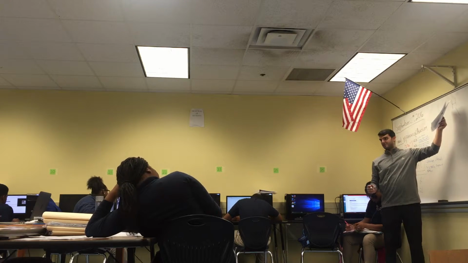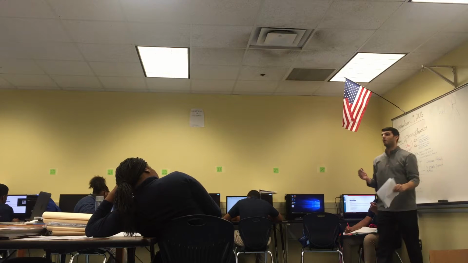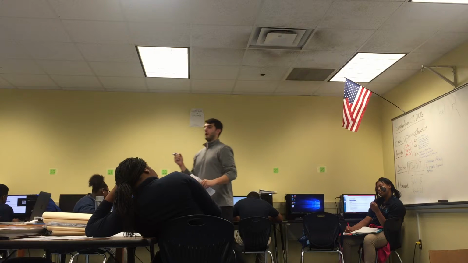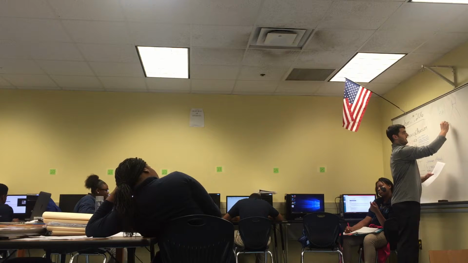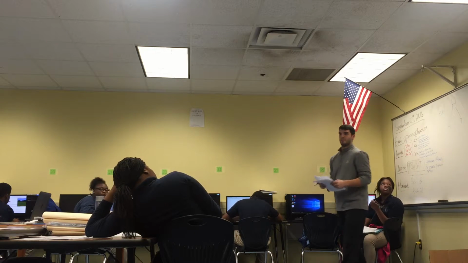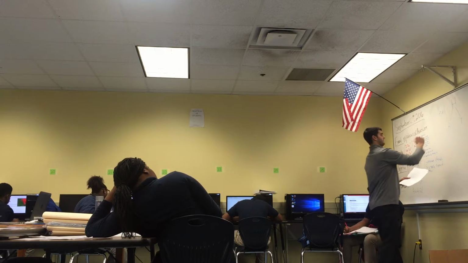Starting with heads, my first branch, what is my option of flipping? Heads or tails. So my first one, again, heads. Second one's going to be tails. Okay? That is my second level.